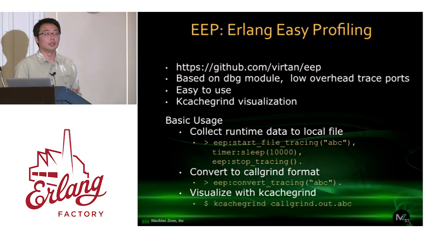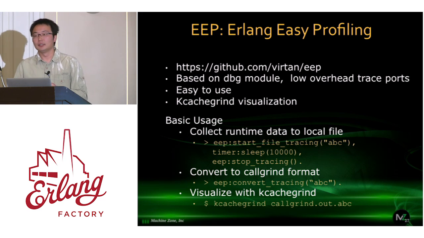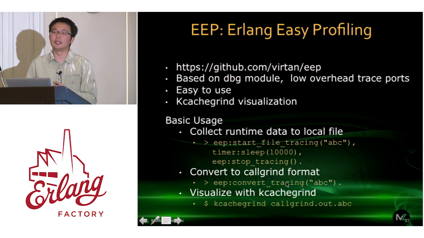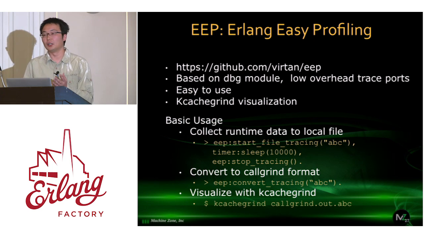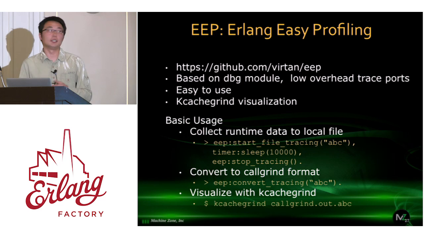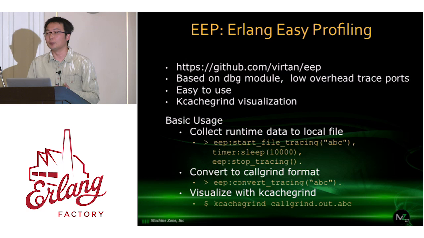It will produce a file called abc.trace. The second step is offline analysis. You can take this file anywhere and bring up your Erlang console anywhere. Then you do the convert, and it converts it into a callgrind-compatible file.